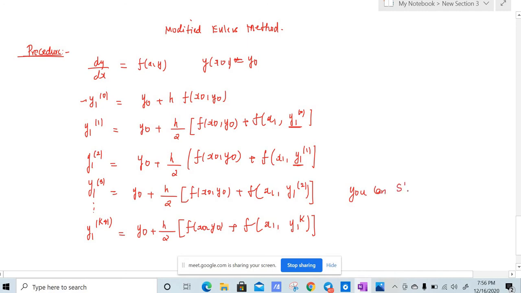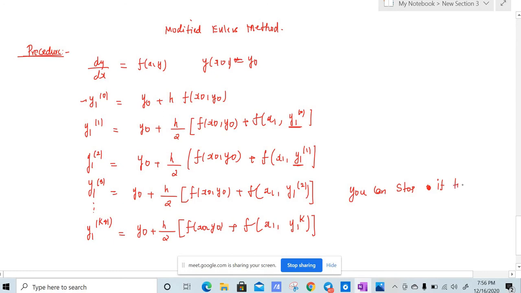This is similar to the bisection method which we did. So we need to go on with y1 of 3, y1 of 4, y1 of 5 until we get two values close to each other.